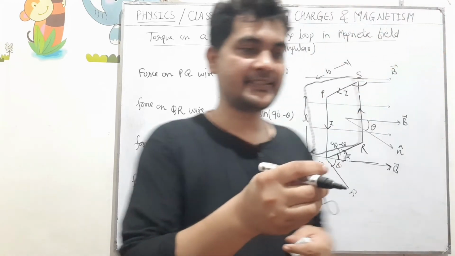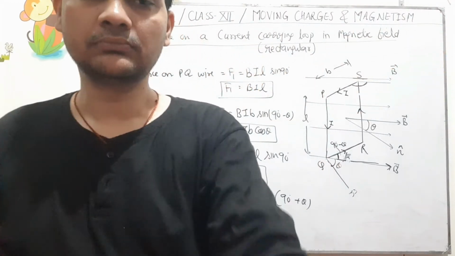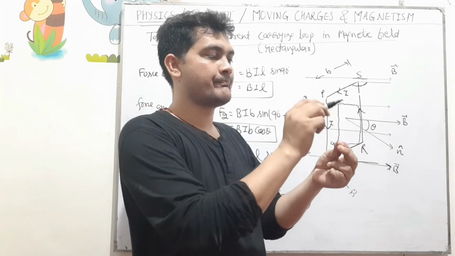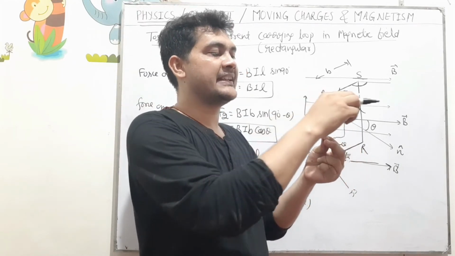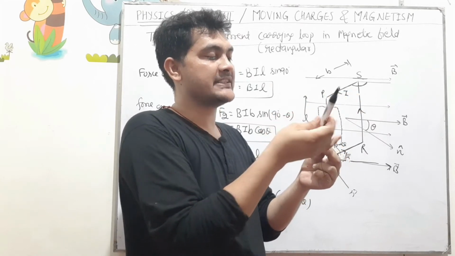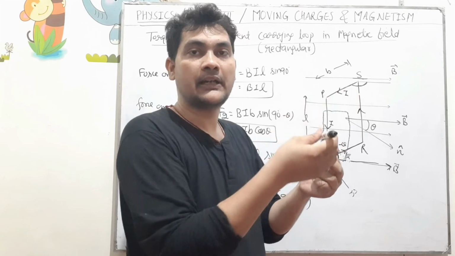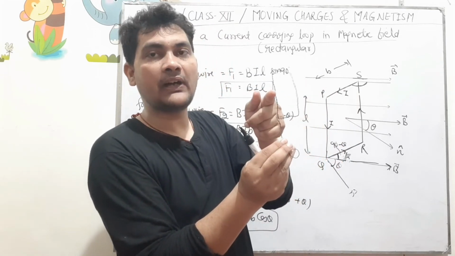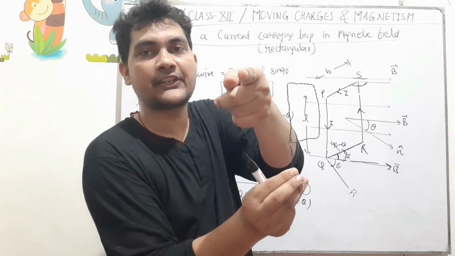Let us see this in the loop. This is PQ, current downward, magnetic field in that direction, so the force is outward, which means this wire tends to move outward from the plane of the board.